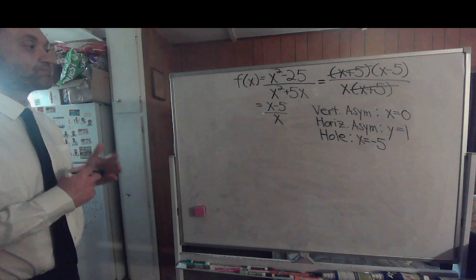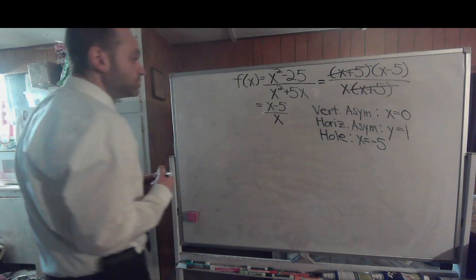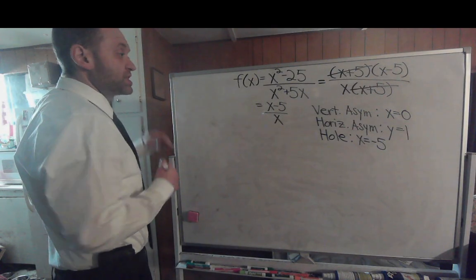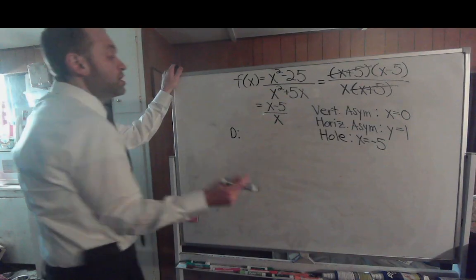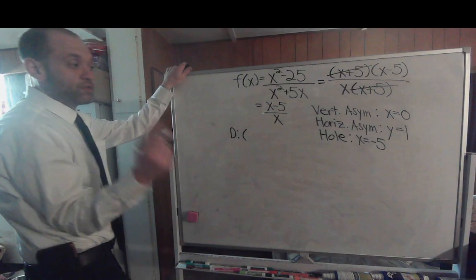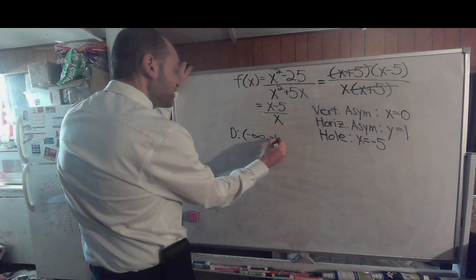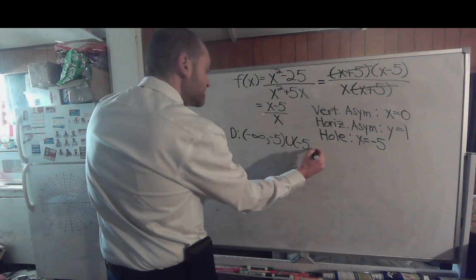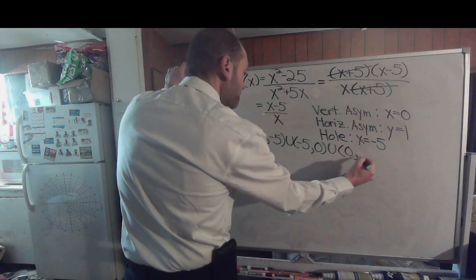Okay. Now, we need to discuss the domain. The domain, we can accept any values except for x equals -5 or 0. So the domain goes from -infinity to -5, in union with -5 to 0, in union with 0 to infinity.